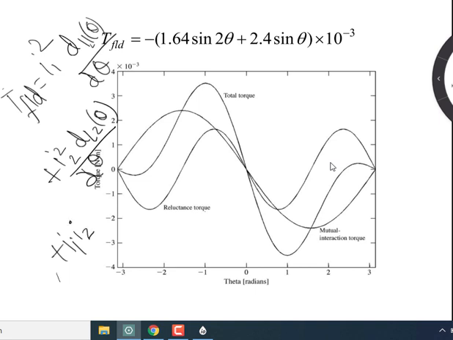One thing I would like to hear from you: why here can we replace the partial differentiation by ordinary differentiation? That is also an interesting thing to note. If you do that, then you will get the value of torque. How are we getting this value?